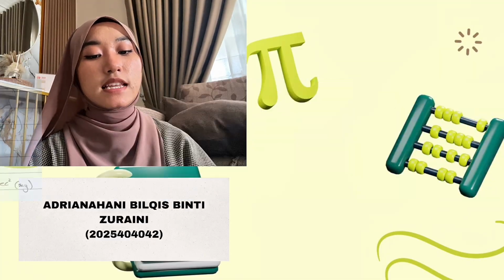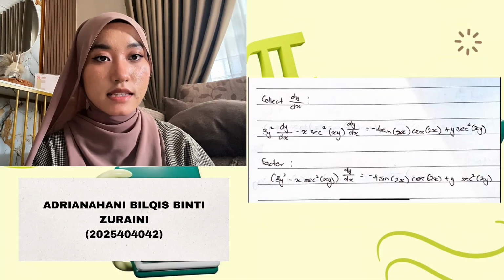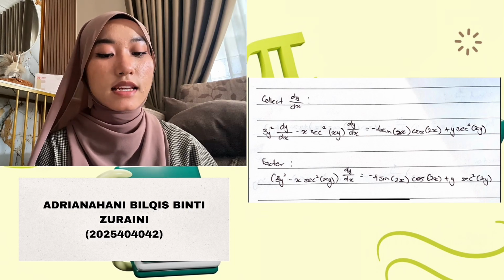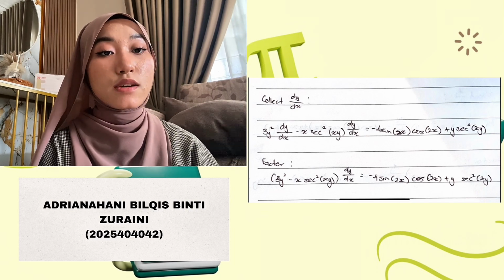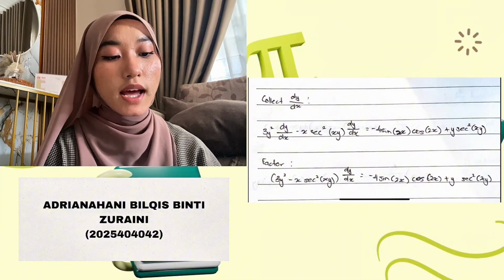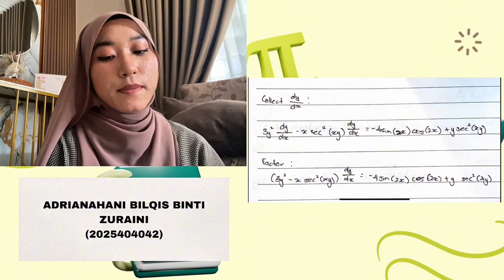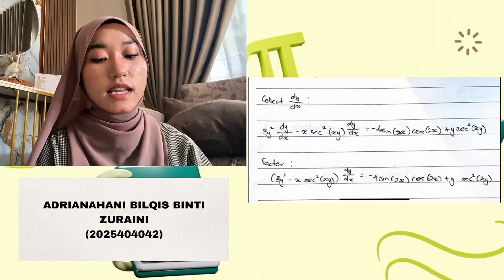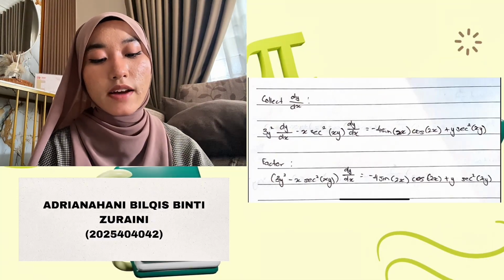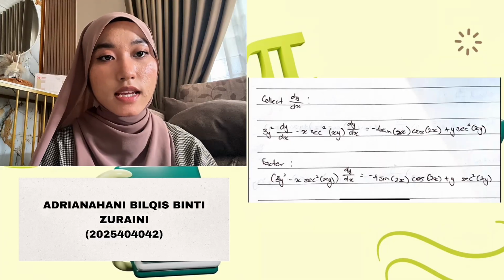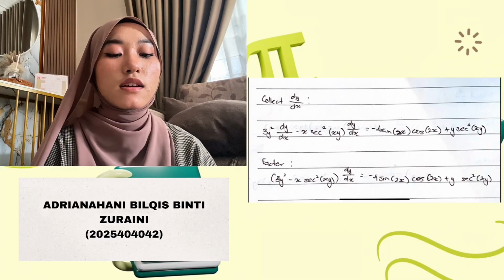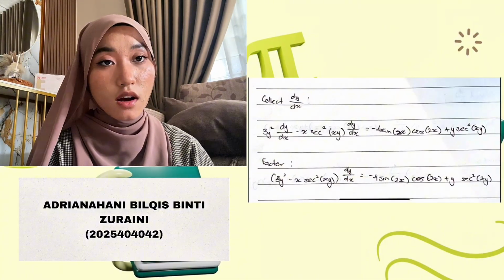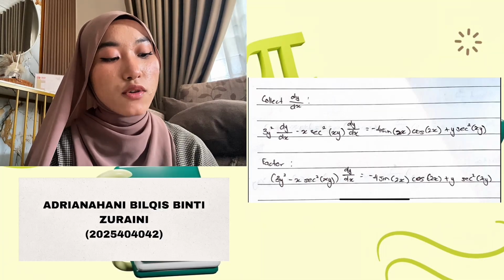Then we collect the dy over dx on the same side. We got 3y squared dy over dx minus x sec squared xy dy over dx equals negative 4 sin 2x cos 2x plus y sec squared xy. Then we factorize. We write in a bracket 3y squared minus x sec squared xy, and close the bracket, dy over dx equals negative 4 sin 2x cos 2x plus y sec squared xy.